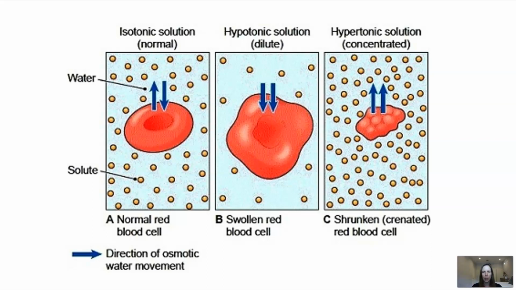Oppositely, if we have a hypertonic solution with a whole lot of solute on the outside of the cell, there are very few free water molecules. And so the water is going to flow from the cell into the solution, which will shrink the cell.